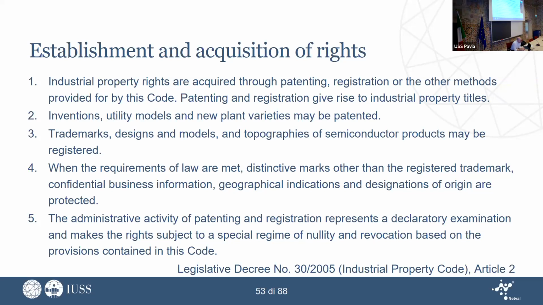Trademarks, designs and models, and topographies of semiconductor products may be registered. Distinctive marks other than registered trademarks, confidential business information, geographical indications, and designations of origin will be protected. And that's all.